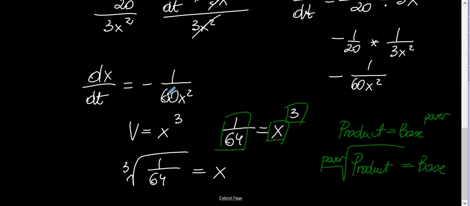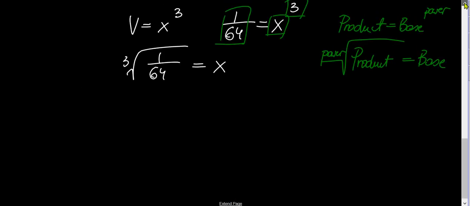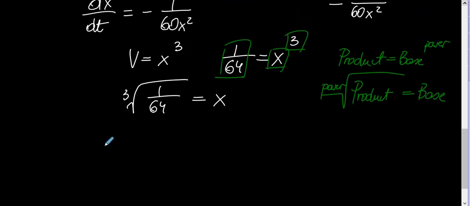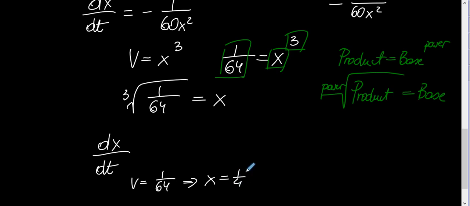So that means what I'm looking for here is the value of my derivative. And I'm saying to myself, well, when volume is 1 over 64, that gives me x of 1 over 4. So therefore it's minus 1 over 60 and then 1 over 4 to the power of 2.